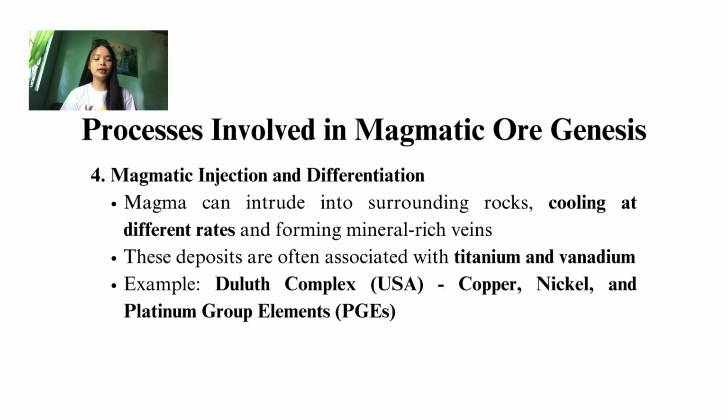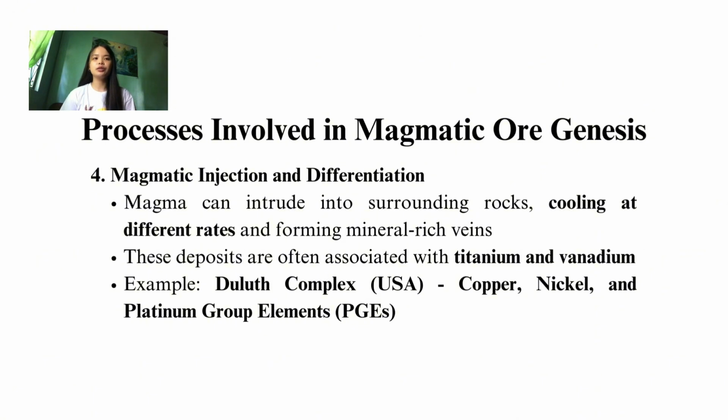Lastly is the magmatic injection and differentiation. When we say magmatic injection, this occurs when new pulses of magma enter an existing magma chamber, bringing in fresh material and metals, while magmatic differentiation is the process by which a magma body evolves and separates into different mineral compositions as it cools.